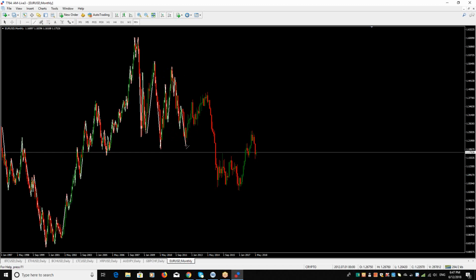The five would be probably more about fine tuning your entries, where you're going to enter. But for me, if I was to day trade, I wouldn't go lower than the 1 hour chart, I must say. But you do the same strategy that I'm showing you today.